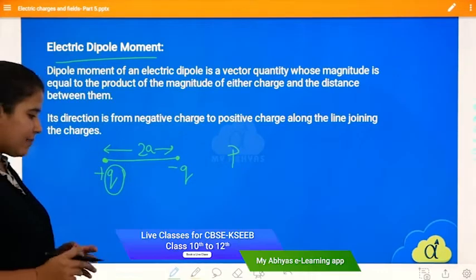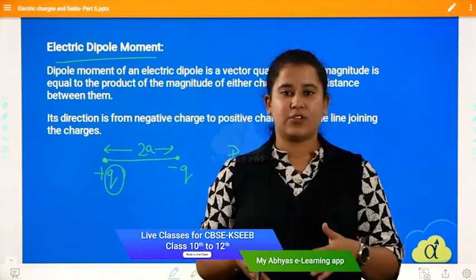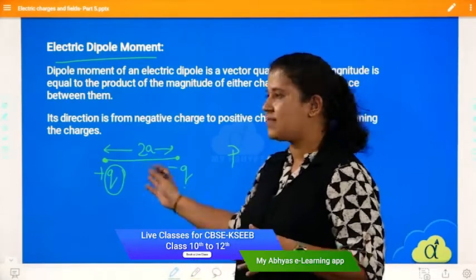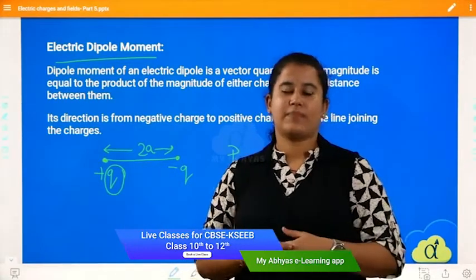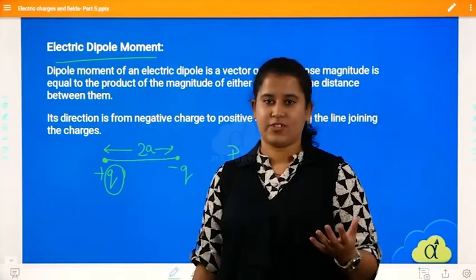So what is electric dipole moment? It is the product of either of the magnitude of the charges, because the magnitude is the same here, and the dipole length, which is 2a.